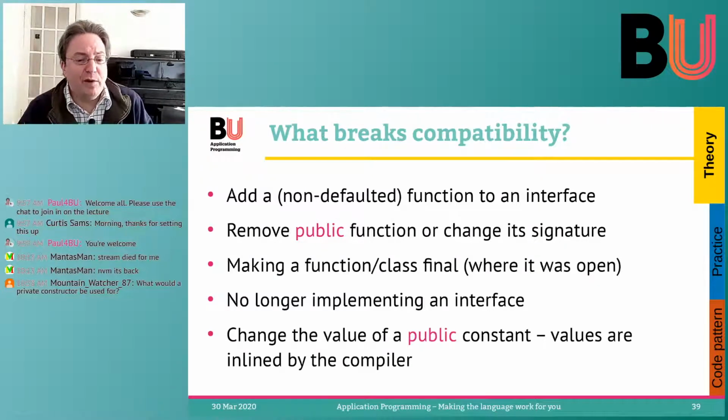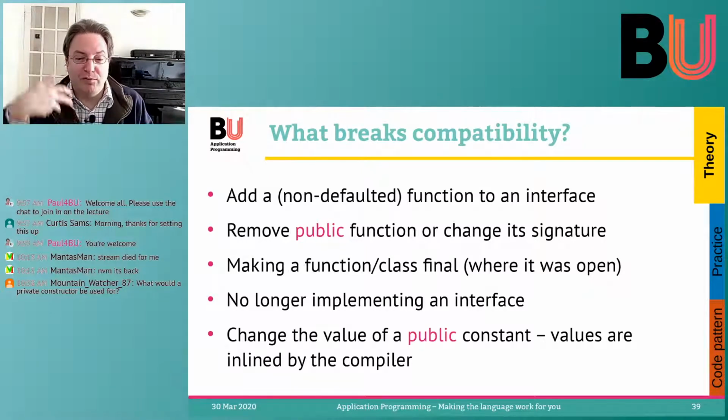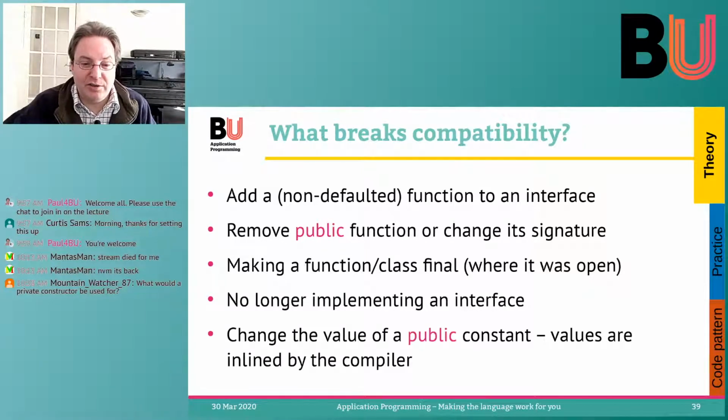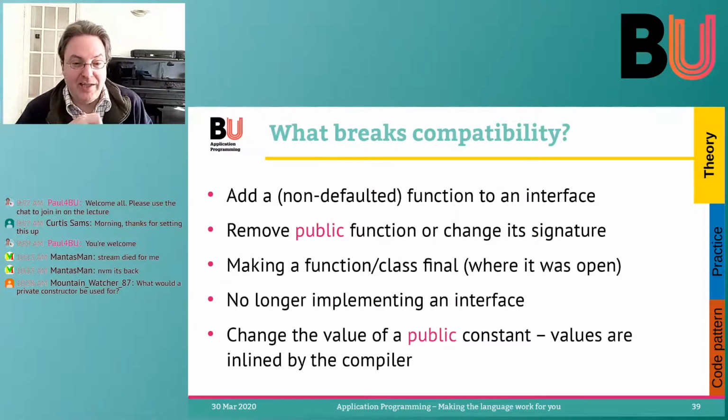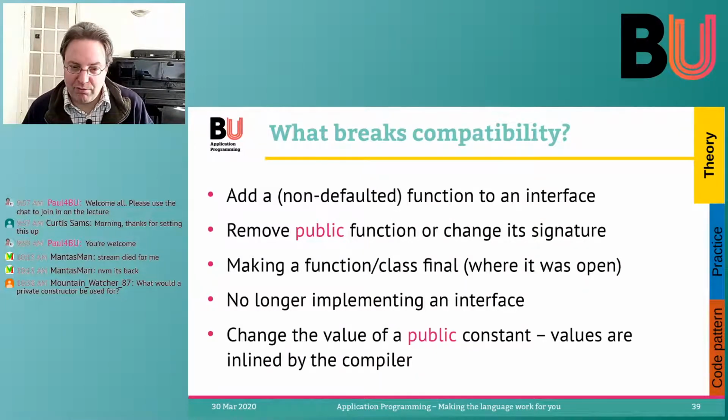If you have a function or a class and you make it final, that means that anything that overrode that function or overrode the class or inherited the class would now be invalid. That breaks code. Of course, if you have a closed function or a closed class that's final, basically, that cannot be changed, if you then allow that to be inherited, that normally works correctly.